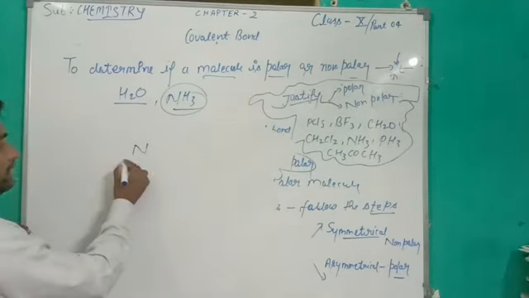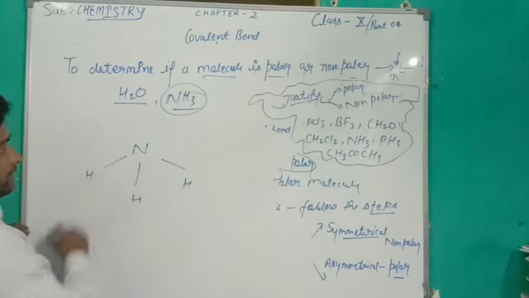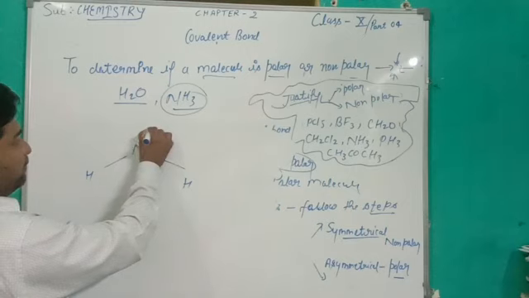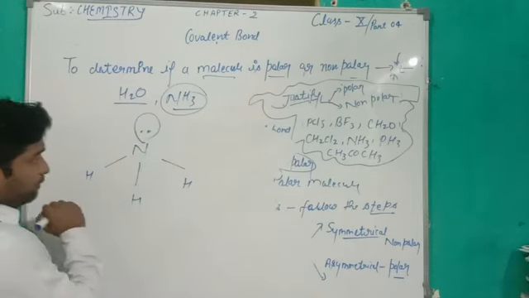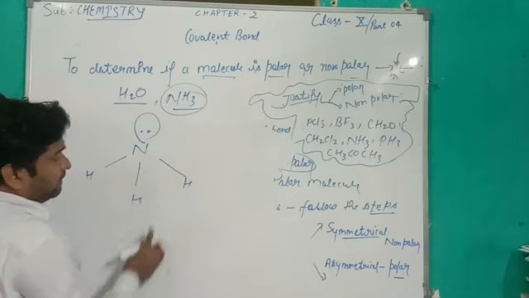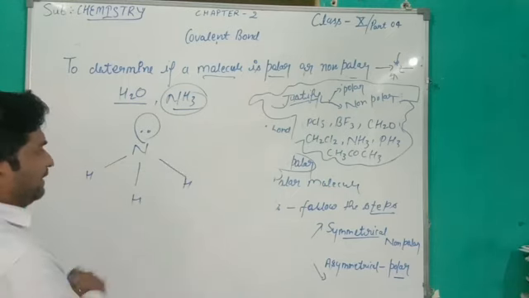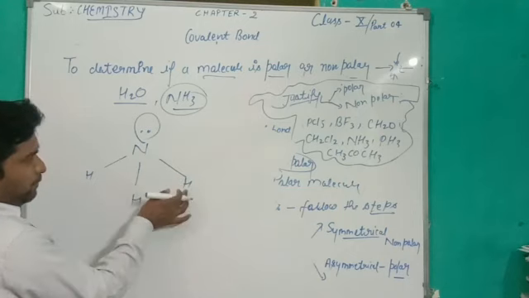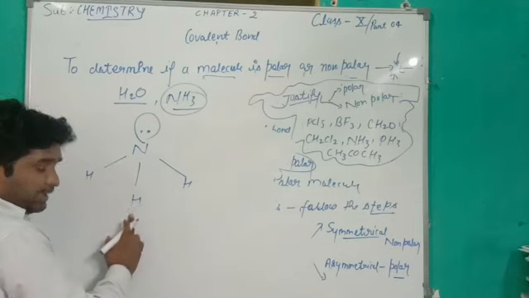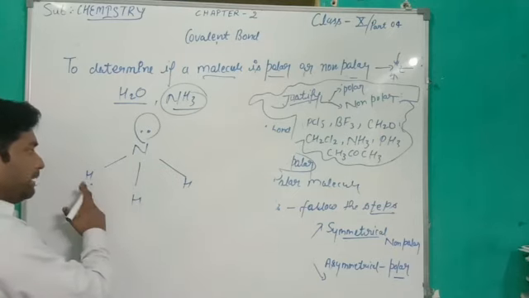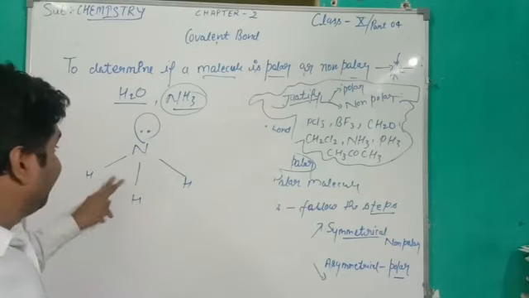This is the nitrogen, the hydrogen atoms are attached to it, and one lone pair of electrons will be present on the nitrogen. So how many polar covalent bonds are there? Count them. One polar covalent bond between hydrogen and nitrogen, another between nitrogen and this hydrogen, and another between hydrogen and this nitrogen atom. So here there are 3 polar covalent bonds.